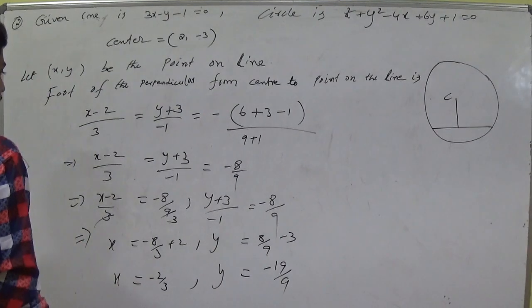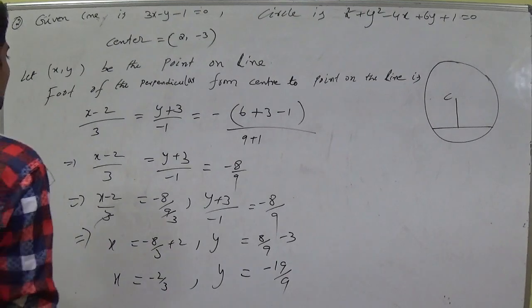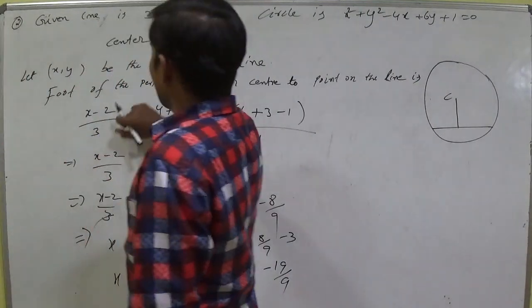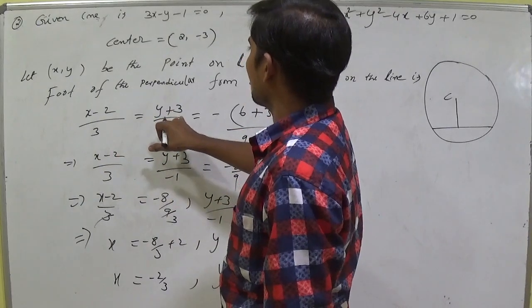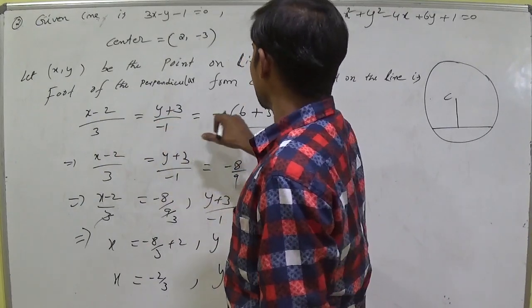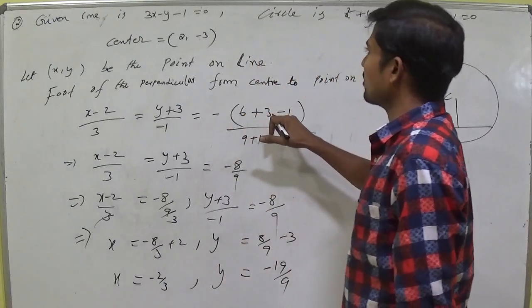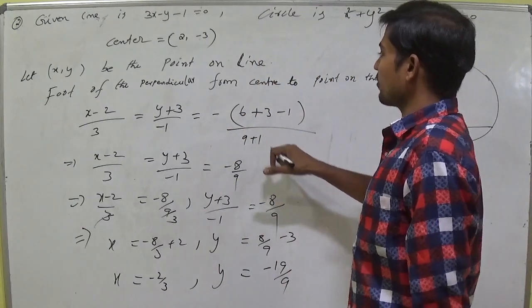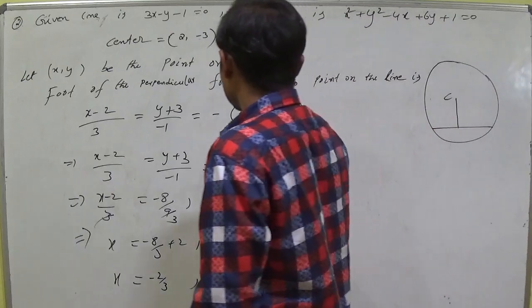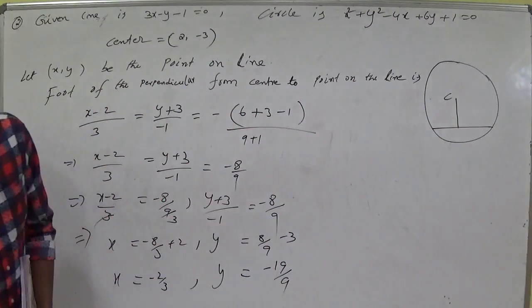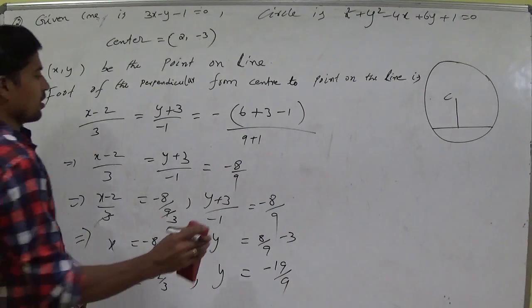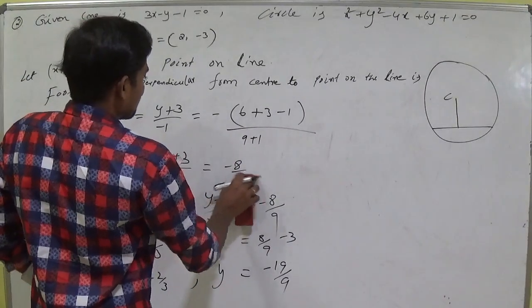Right? Let's see once. (x minus 2) by 3 and (y plus 3) by minus 1 is equal to minus of (6 plus 3 minus 1) by (9 plus 1). 9 plus 1 is 10, not 9. That is the mistake. 9 plus 1 is 10.